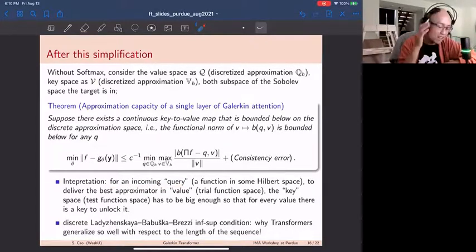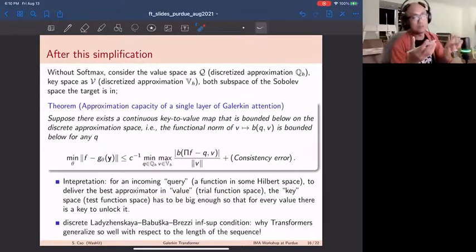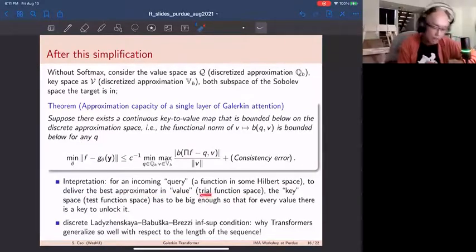So using natural language processing people's language, if we have a query, some incoming query, and it's a function in some Hilbert space, and we want to deliver the best value. The value is like the output, and it's our trial function space, and the key space is to test the response of this query, and it's our test function space.